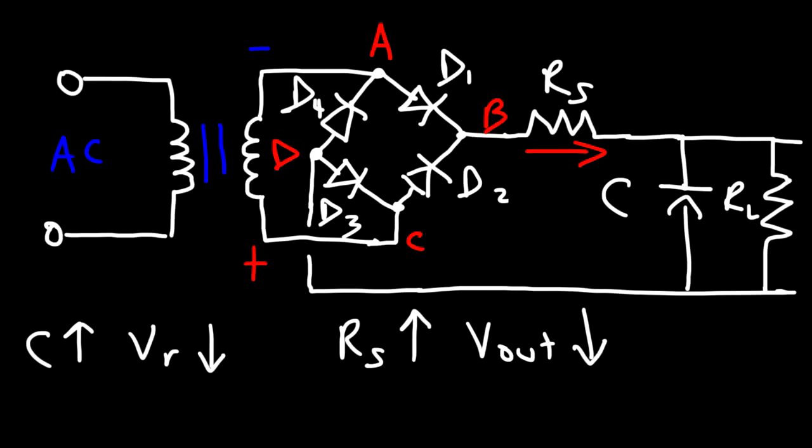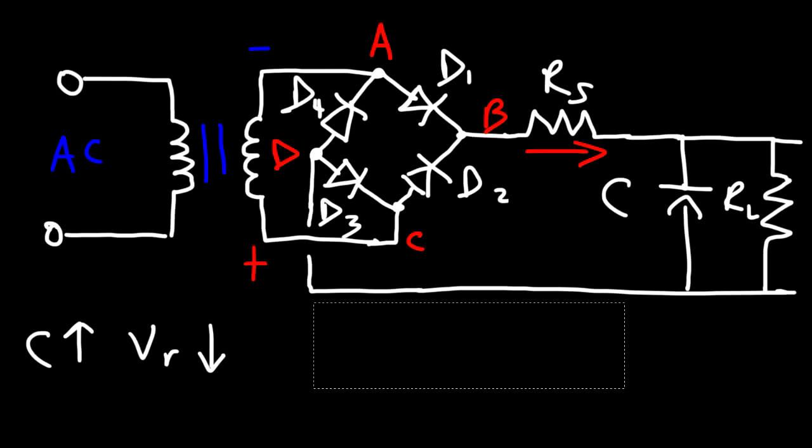So that's one disadvantage of using this series current limiting resistor. It will decrease the output voltage as you increase its value. So there's always some sort of trade-off. You can protect the diodes from the surge current, but you'll reduce the output voltage. So it might be easier just to use a diode that can handle a larger current value.